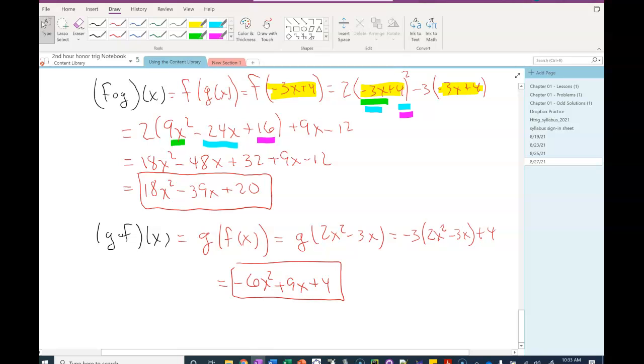Order matters, unlike addition or multiplication, or if you carefully define what we mean by subtraction. Order matters here. And let's stop at this point. This seems like a good place to stop. All right.